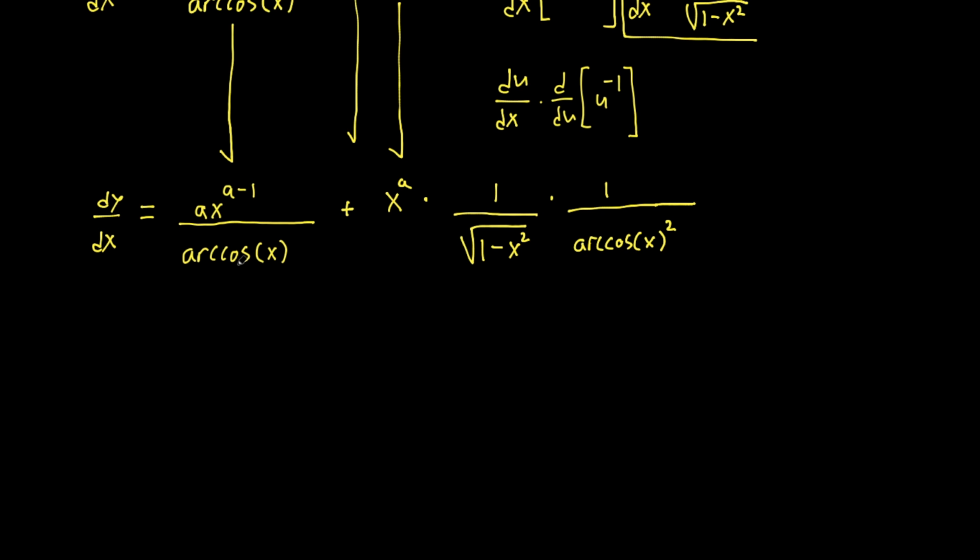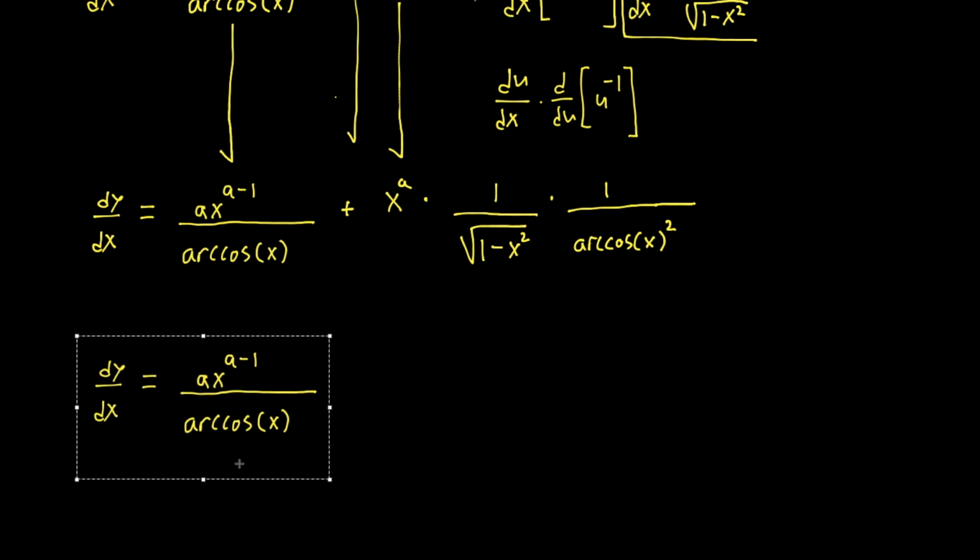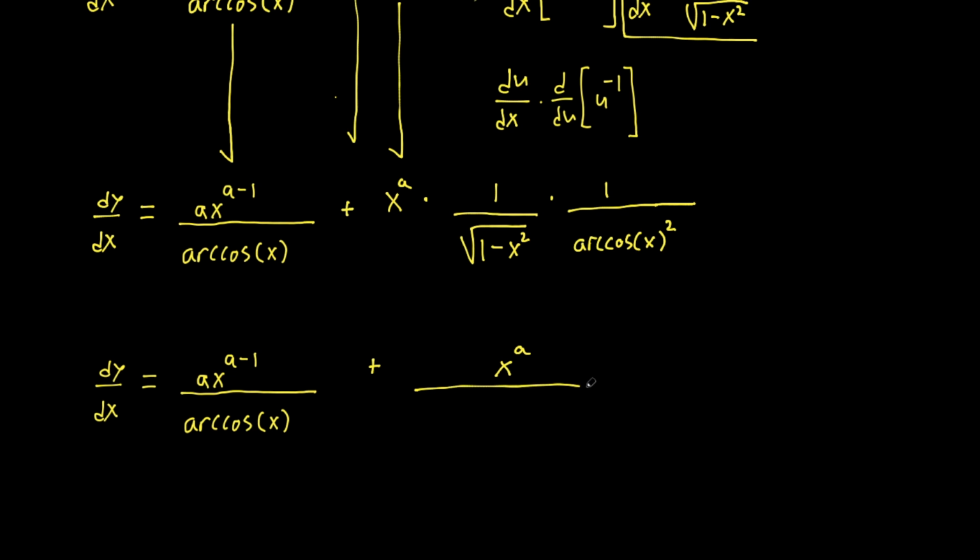So this bit all remains the same, so we can just bring that right down. X to the a times 1 is going to be equal to x to the a. So we can start off by saying plus x to the a over something. I'm going to rewrite this x.